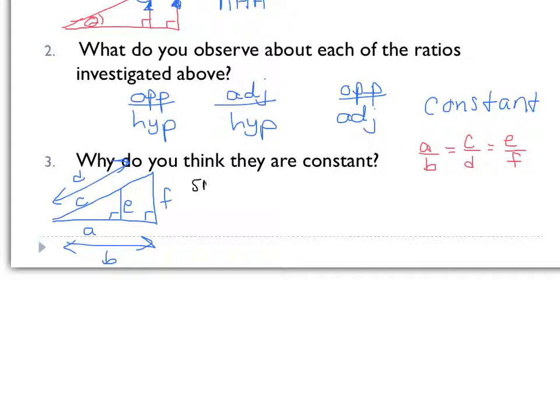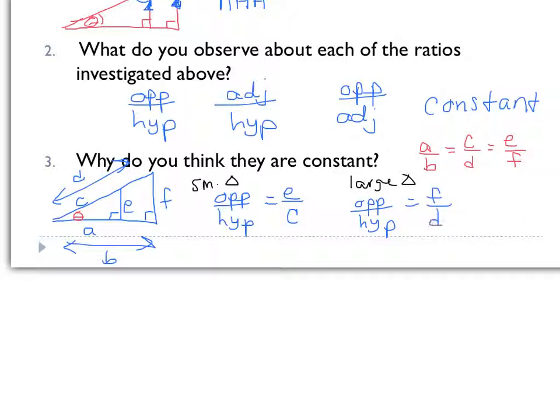For the small triangle, right here to my left, if I look at this given angle here, theta, the side opposite theta in the small triangle is E, and the hypotenuse is C. So I'm substituting now E over C. And if I look at the large triangle, the side opposite that angle theta over the hypotenuse is F divided by D. And what we observed and calculated in our measurements is that E divided by C appears to always be equal to F divided by D.